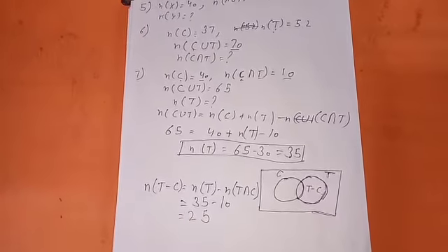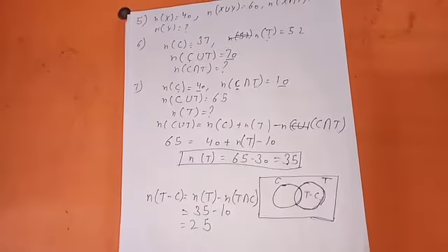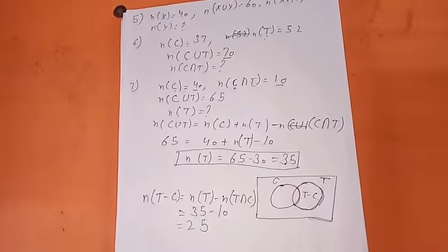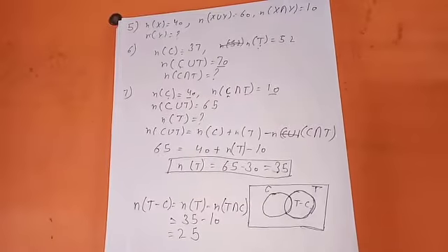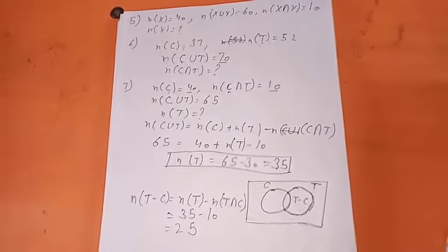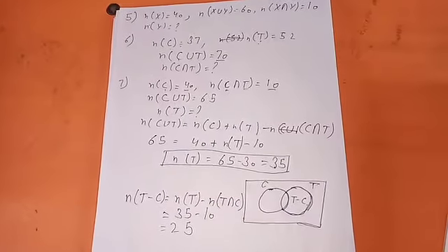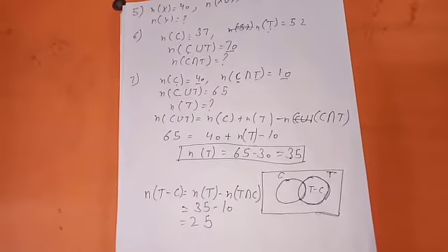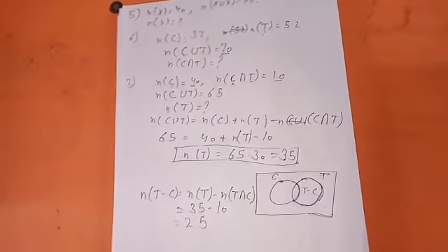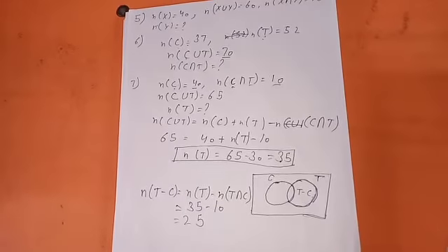The last question of this exercise: in a community, 50 people speak French, 20 speak Spanish, and 10 speak both. How many people speak at least one of these languages? Now, question number 8.